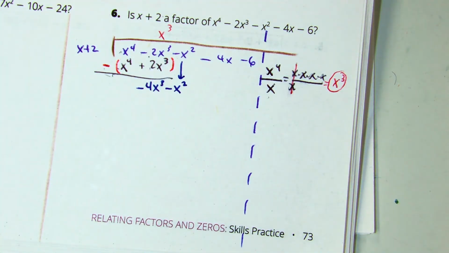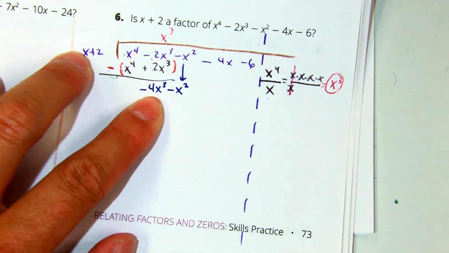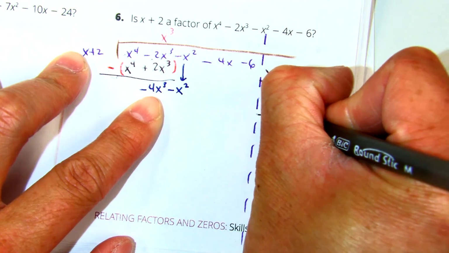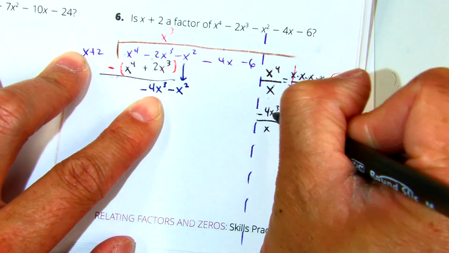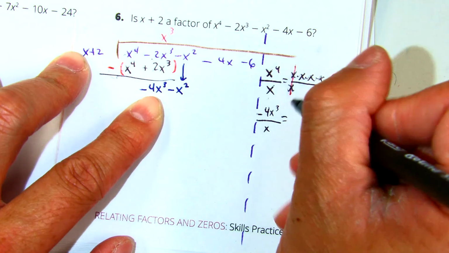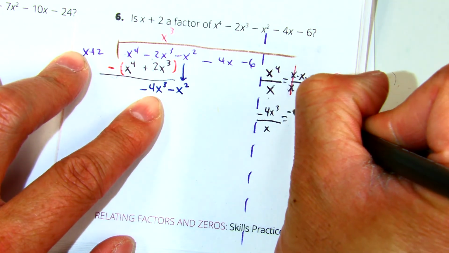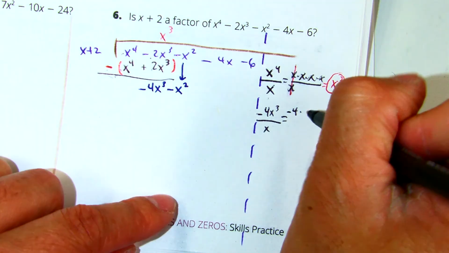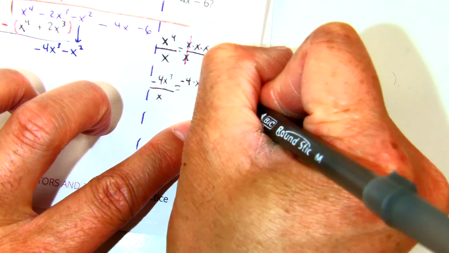Put your finger on the two things we need to divide. Let's do a side problem. Class, what's going to be the top if you break it up to factors? Negative what? 4 times x, right?